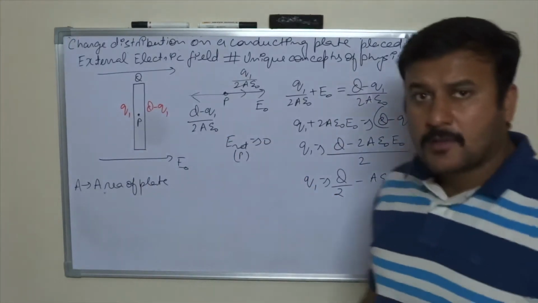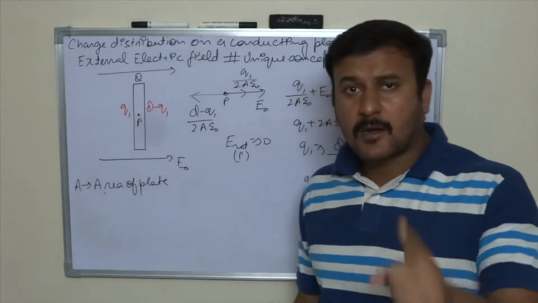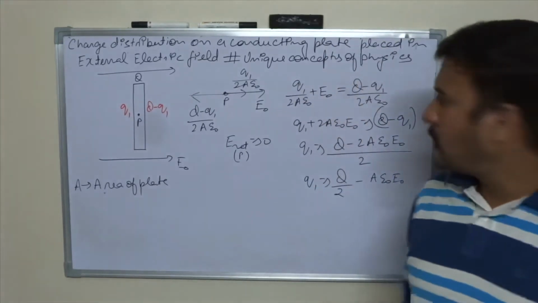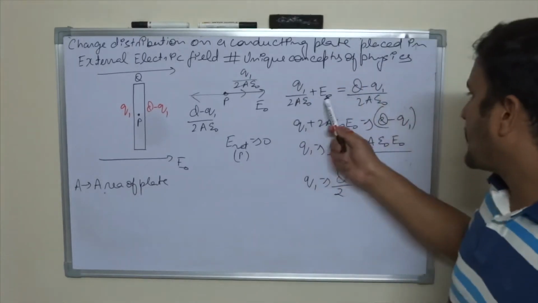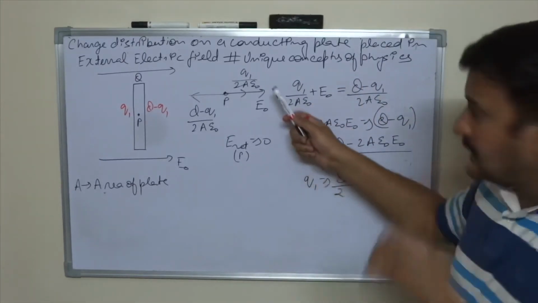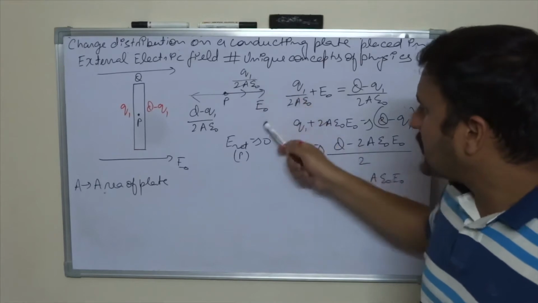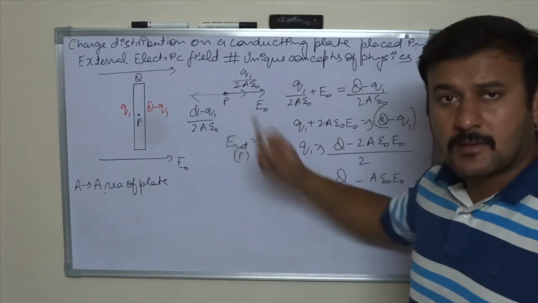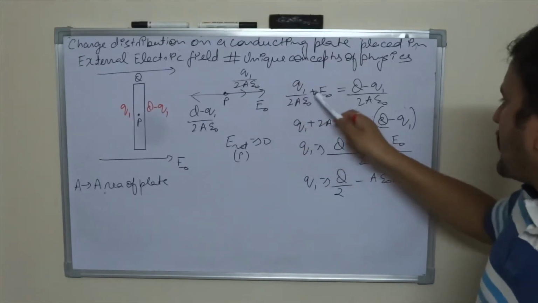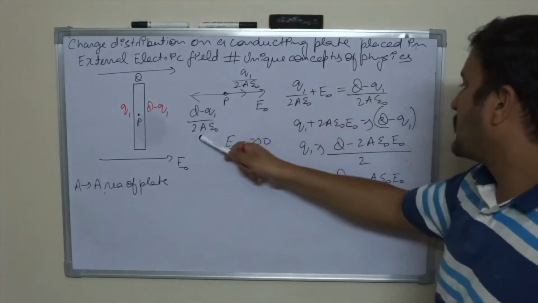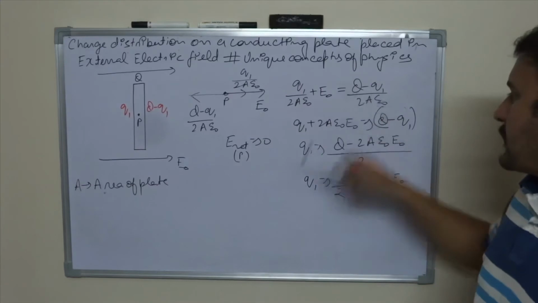Now we know that the net electric field inside the conductor should be 0. So by sticking to this fact, we will write the equation that the sum of these two fields is equal to this field. So Q1 upon 2A epsilon naught plus E naught is equal to (Q minus Q1) upon 2A epsilon naught.